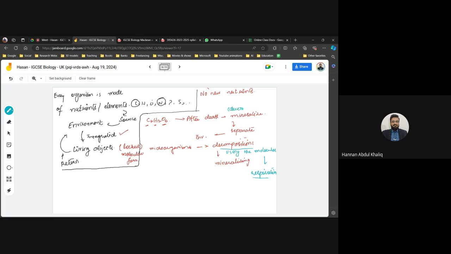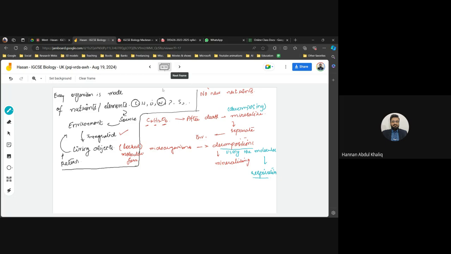Mineralization would also mean decomposing. The actual phenomenon is that fungi and bacteria only need it because they want to take their food and perform respiration. Okay, so now, all right.